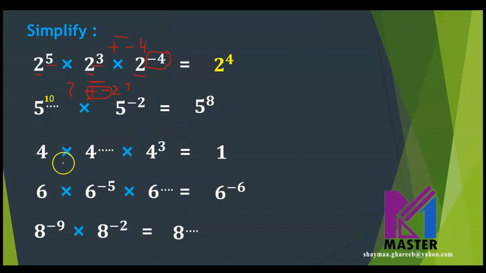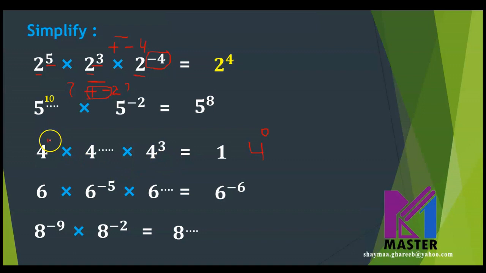In the next example, I have here, don't forget, power 1. And I have here power 3 and the missing power, and the answer is 1. What do you remember about this one? It means 4 to the power of 0. So I need the sum of all the powers here to be 0. So let's see.